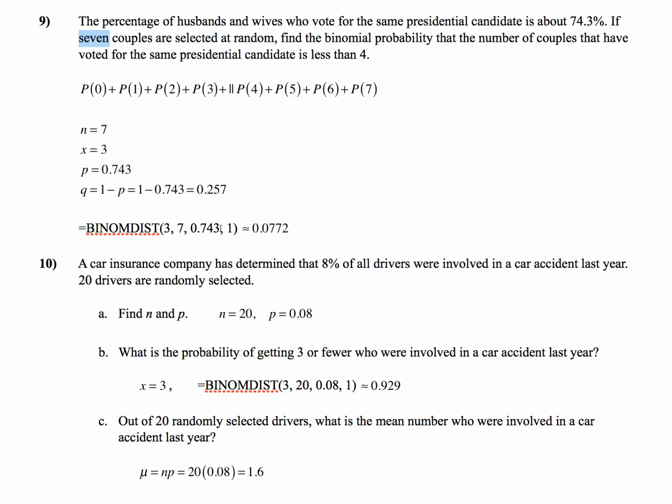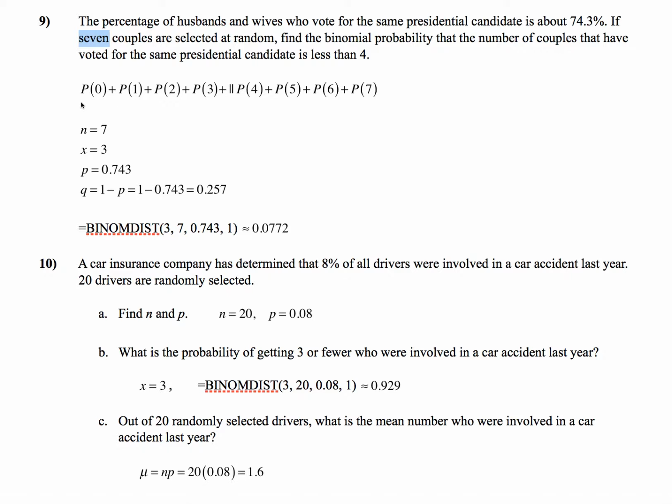It prompts you for the probability of success. Probability of success is 0.743, so type that, put a comma, and then in the last entry, if you want the cumulative, you type a 1. If you don't, you type a 0. But we do in this case because we want the cumulative probabilities from 0 up to 3.